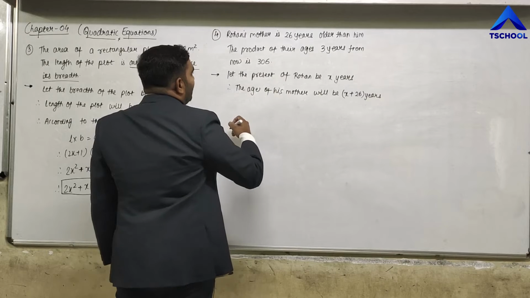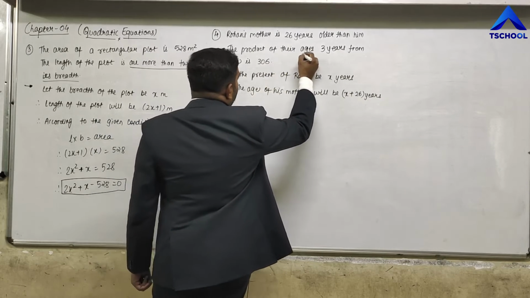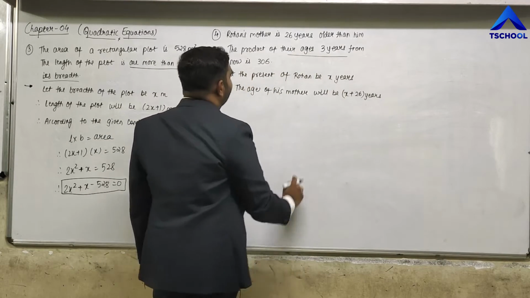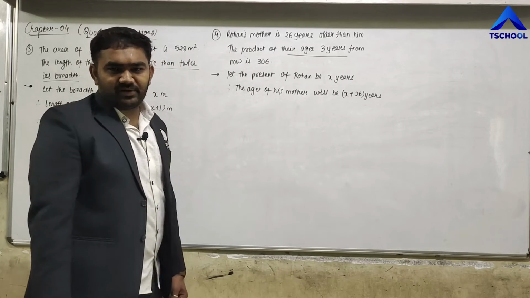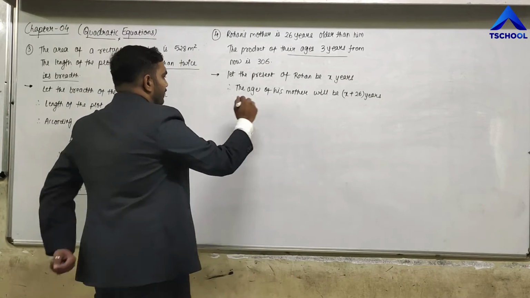Now the condition comes: the product of their ages 3 years from now. So first of all we will require this 3 years from now.